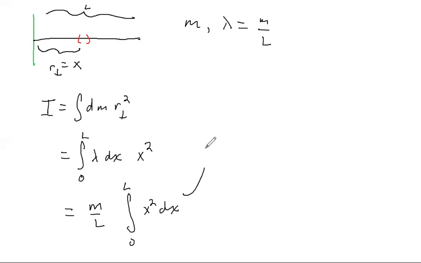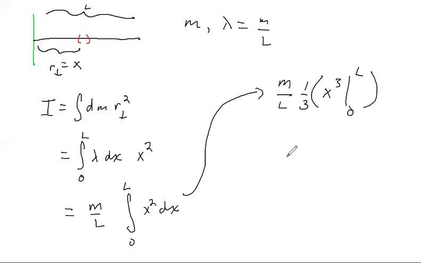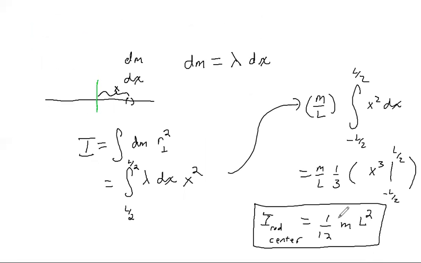Plugging this in, I get m over L times 1/3 x cubed evaluated between 0 and L. And when you evaluate that, you find I for a rod about the end is 1/3 mL squared.